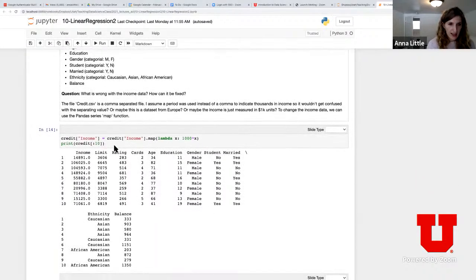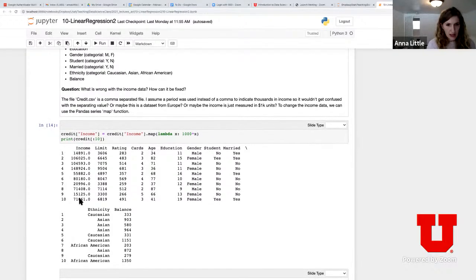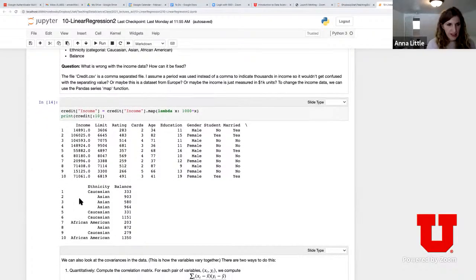So we can fix that in the data by taking that income column and applying a function to it. We can use dot map and define a lambda function to multiply by 1,000. That might be handy so that income is in the units that we expect.